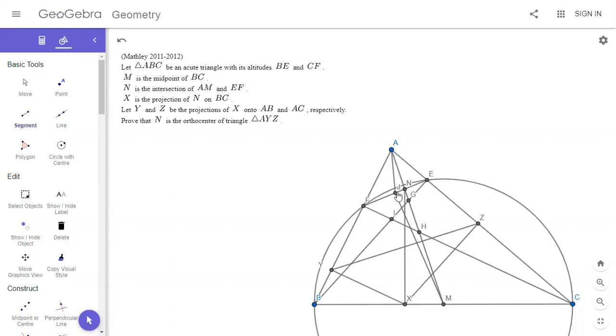Yeah, so if we can show J, N, M, X is cyclic, that would solve it. Oh, but I think that's okay. So I think this is it because NXM is 90 and NJM is 90 because that's the line from the center of the circle to the midpoint of the chord.